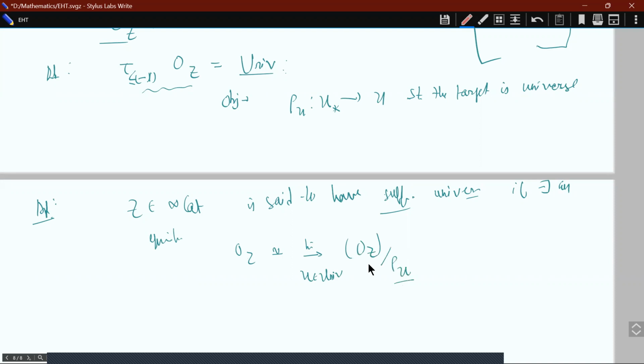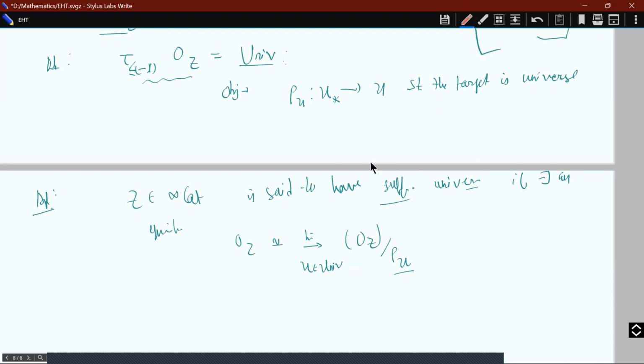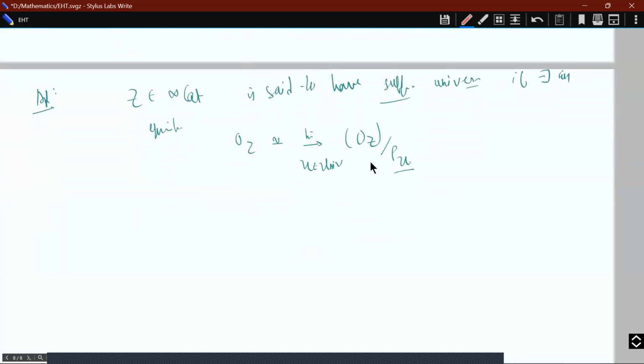Remember this P, this is the universal fibration. The way to think about it is that every morphism of this form is an object of a full subcategory. So this is what I mean.